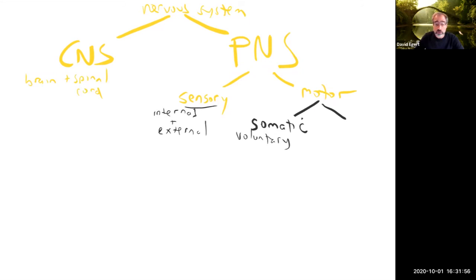You need to operate some muscles that are voluntary, and there are specific motor pathways, and we're going to see that have specific properties that are different from the pathways that are operating the autonomic, or the automatic. The autonomic motor, this is involuntary.